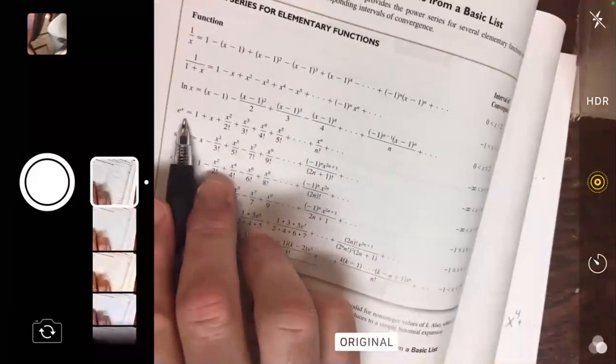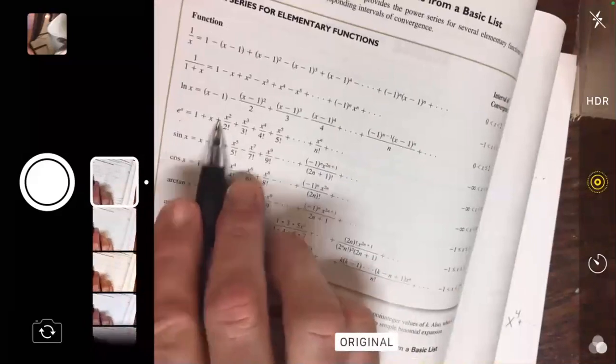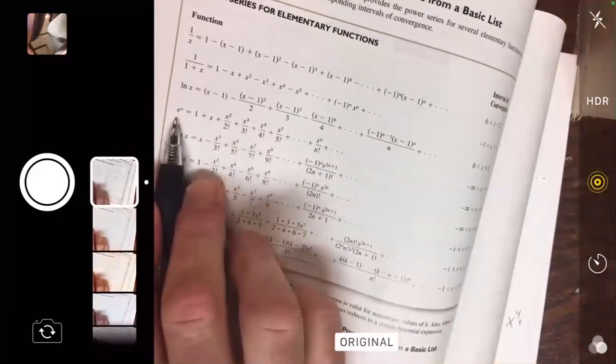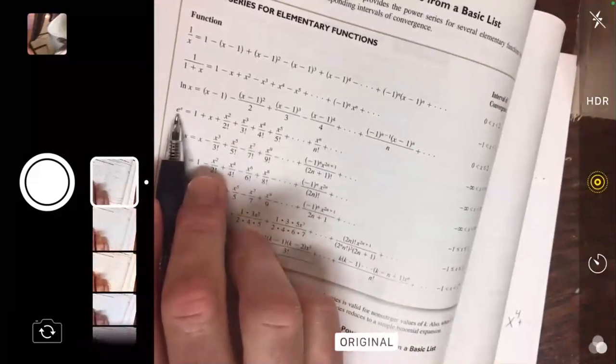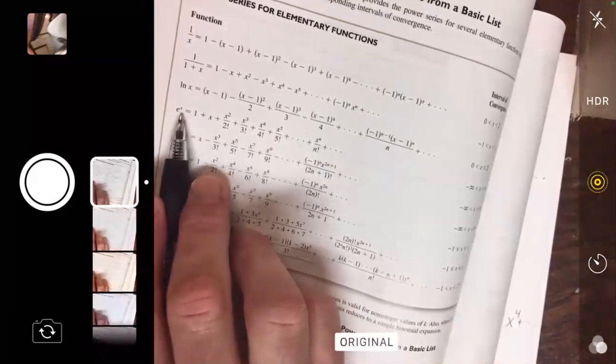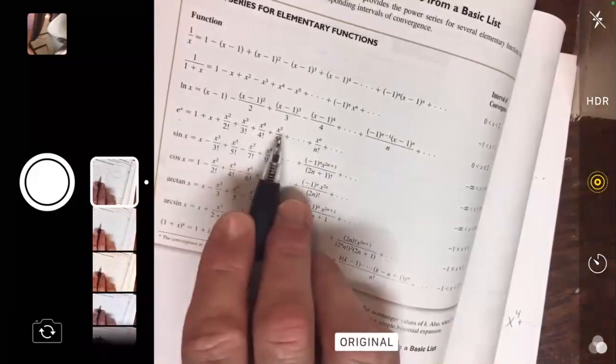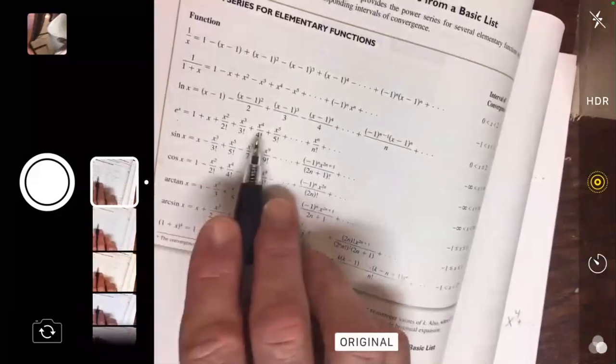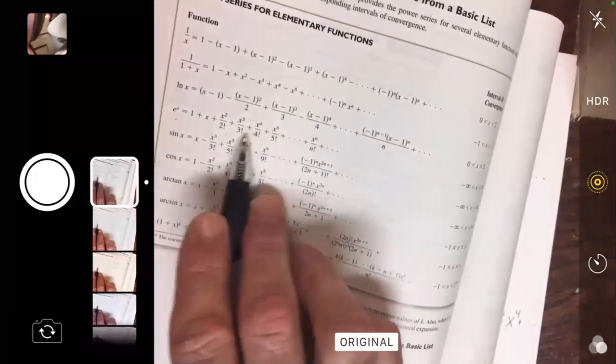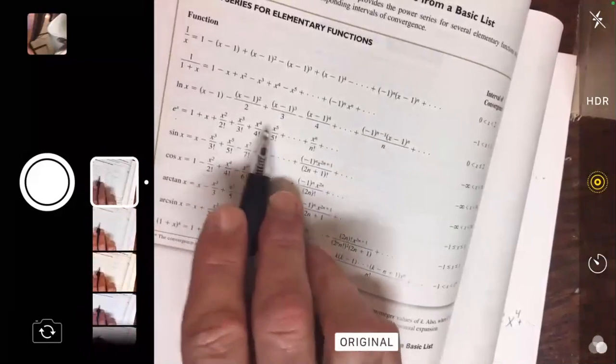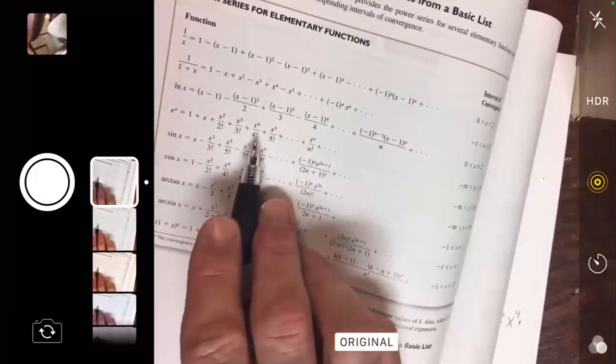See this series for e to the x. This is how your calculator computes e to the x. It does not take 2.718 and raise it to some power. Can't do that. It plugs into this. Now, do you believe this formula, or do you want me to show you by what I just did, plugging into the straight Taylor formula, where this comes from, or do we believe?